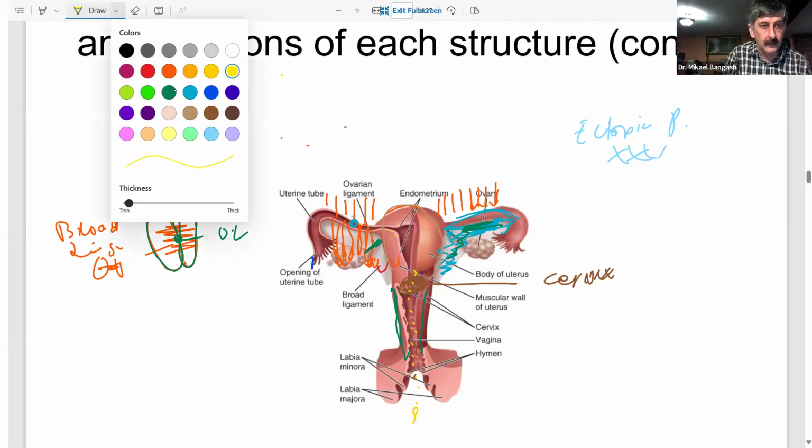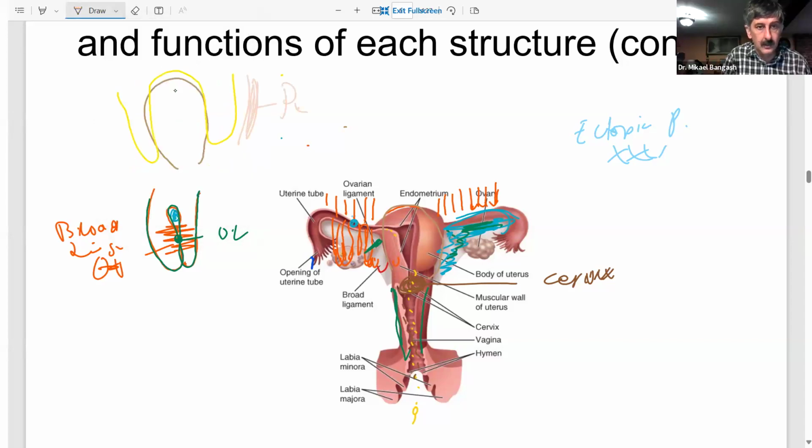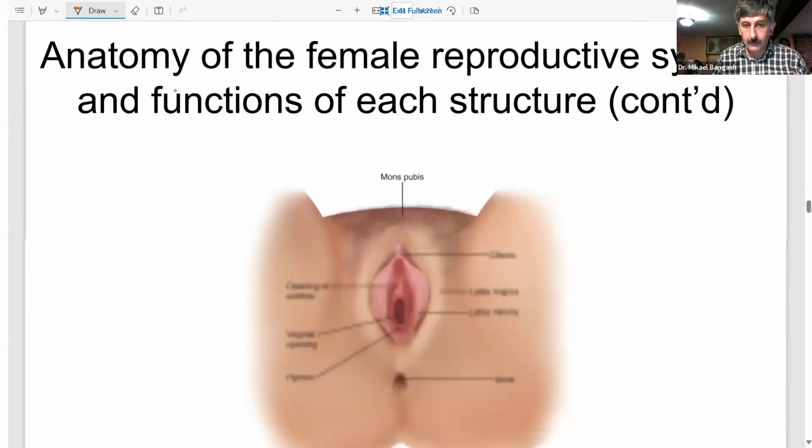And posterior to the uterus is the rectum. So this is going to be the rectouterine pouch. Did you guys get that?